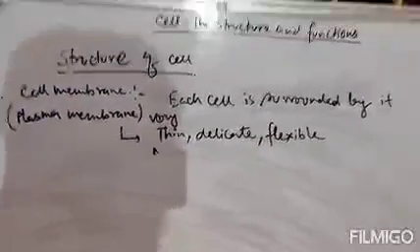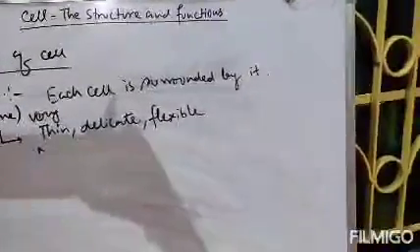What is cell membrane? It is the only living structure present in both animal and plant cells. Very important.